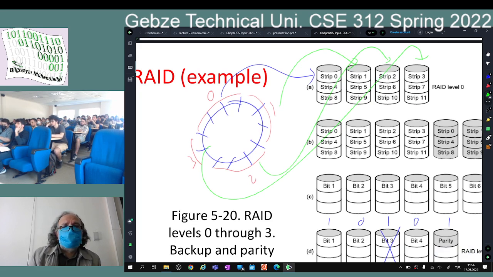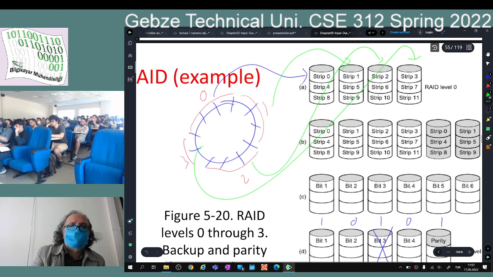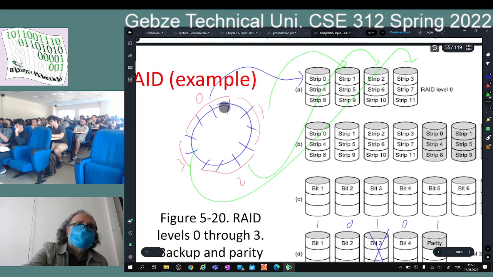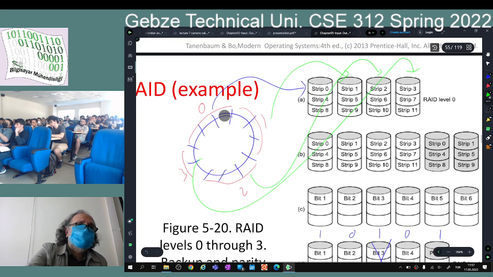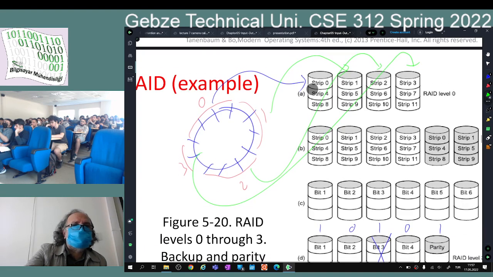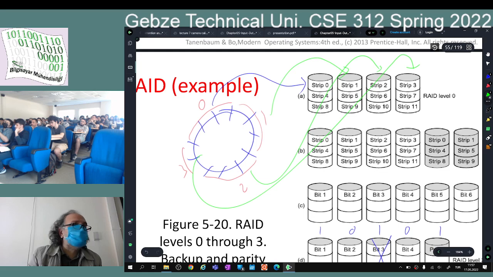The problem with this approach though, what is the problem? If you keep reading the same sectors from strip 0, then you are just using this hard disk, not the others, right? So the parallelization may not be as efficient.